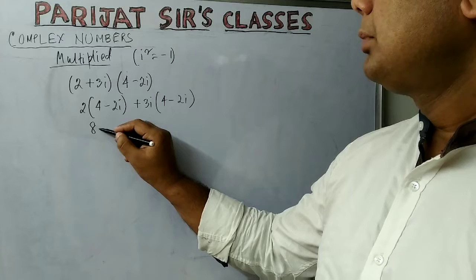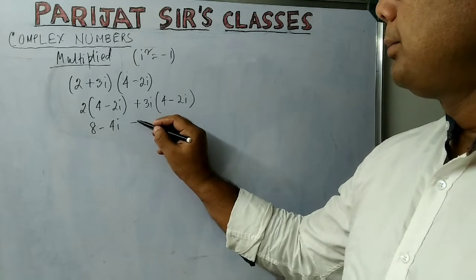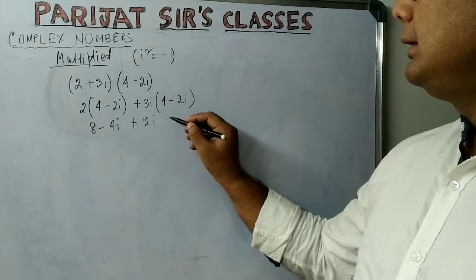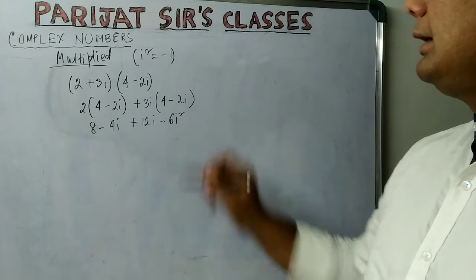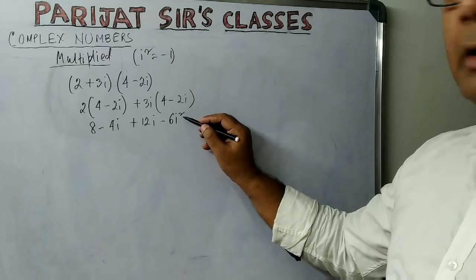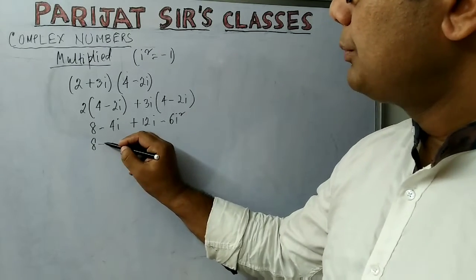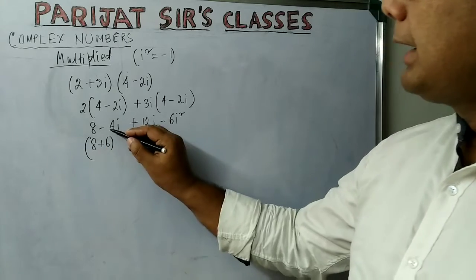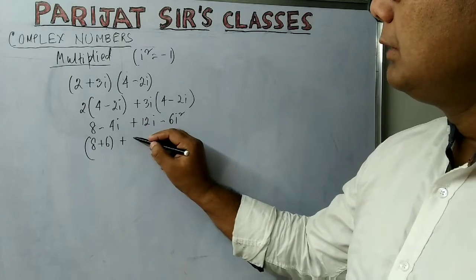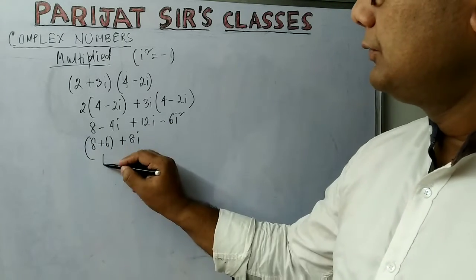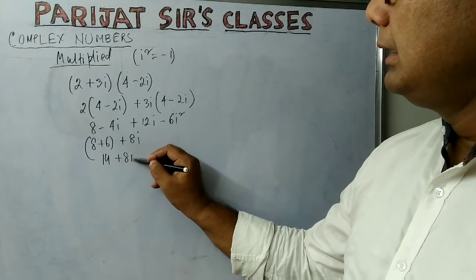So it is 8 minus 4i plus 12i minus 6i square. Now see, here is an i square, and i square is minus 1, so it becomes plus 6. So it is 8 plus 6, and minus 4i plus 12i will be plus 8i. So this is 14 plus 8i.